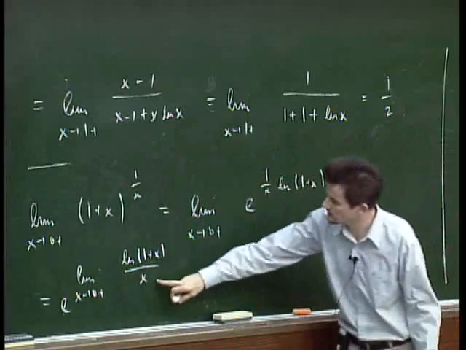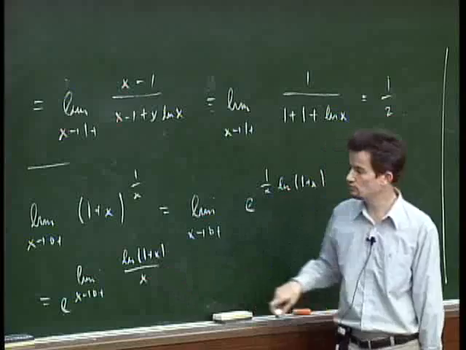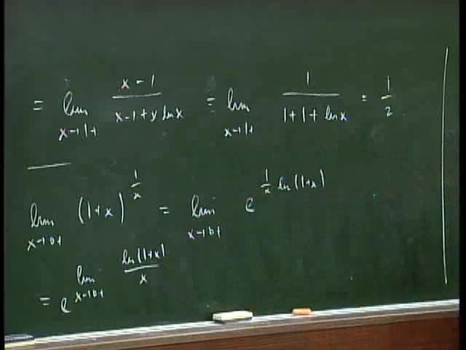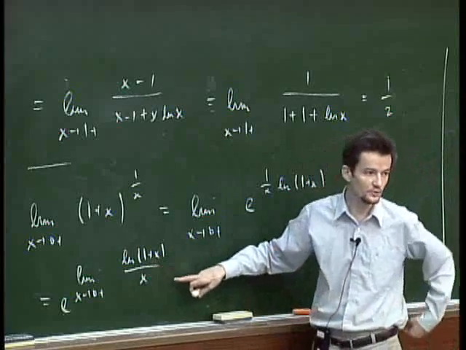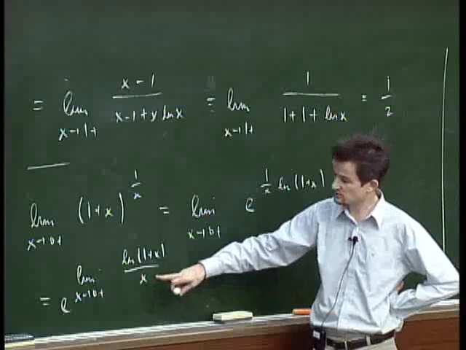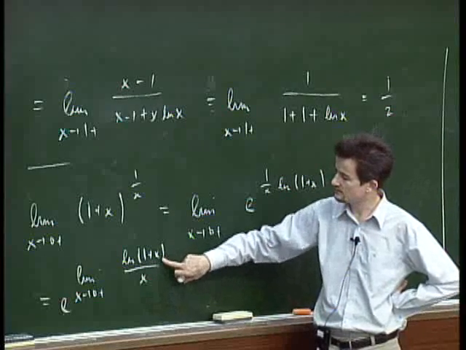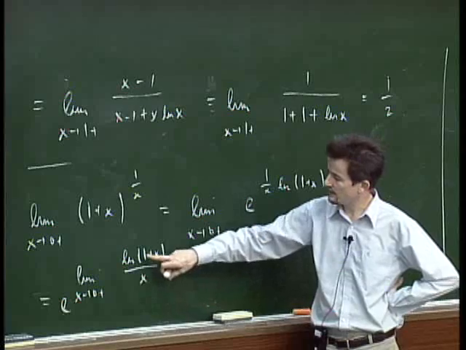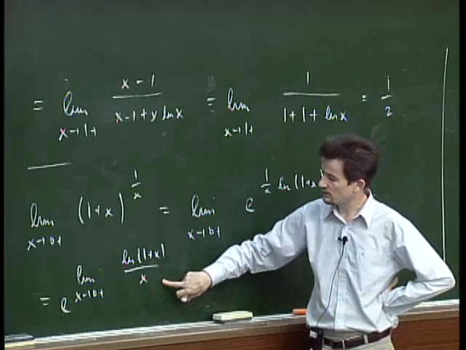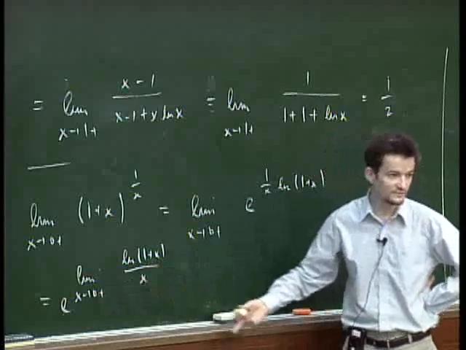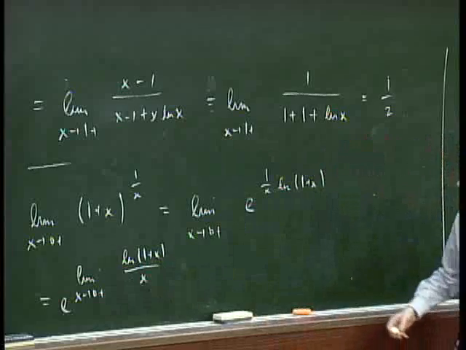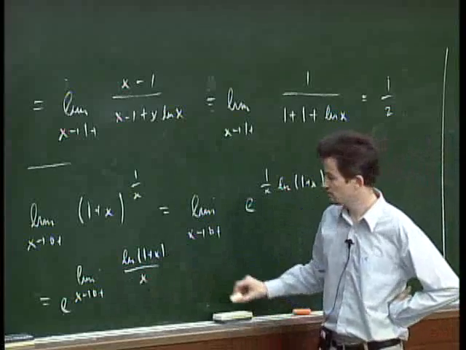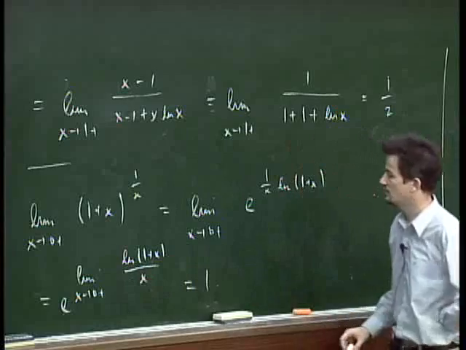And here you have now indeed 0 over 0, so you can use the rules of L'Hopital in order to handle this limit. But we already computed a similar limit, it's just shifted here. We computed the limit where you have ln x over x minus 1, and x tends to 1. It's just shifted. So we know already that this limit is equal to 1, so everything is equal to e. Sorry.